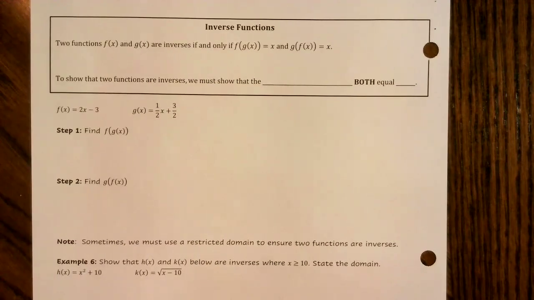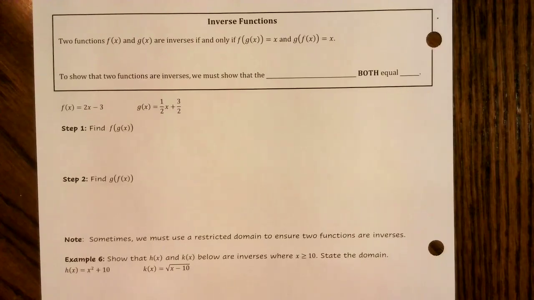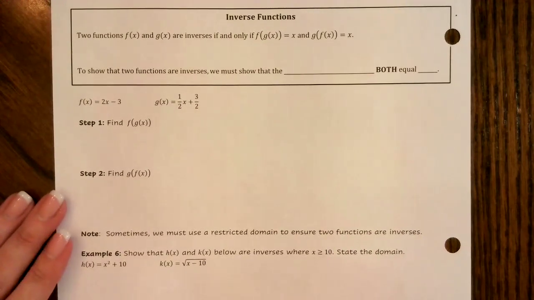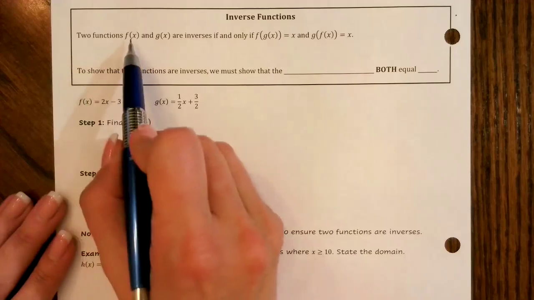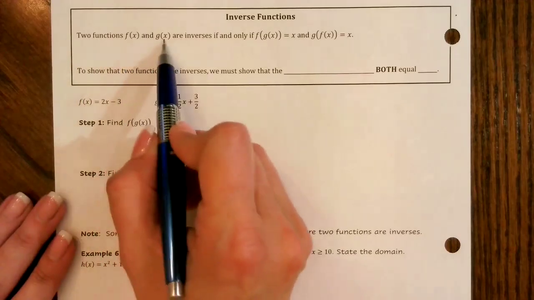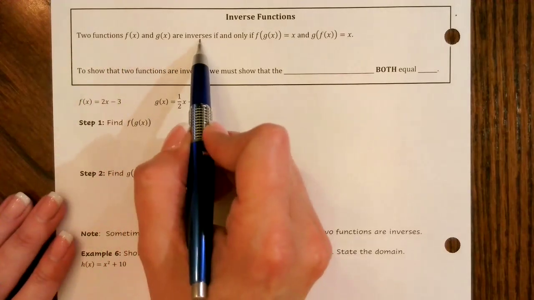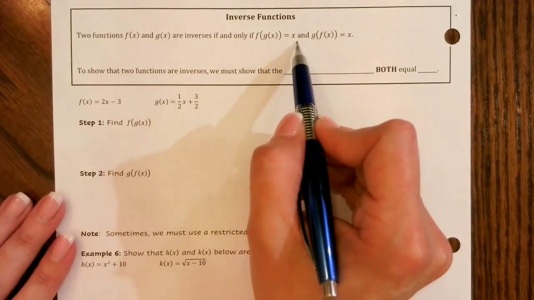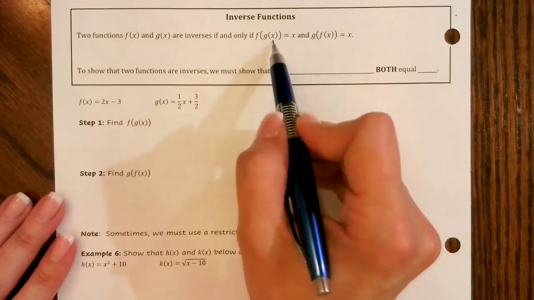All right, so to continue with these inverse functions, last time we learned about compositions. Well, part of the definition here with inverses is that two functions, f of x and g of x, if they are both inverses of each other, then if we did the composition of that, it would answer x. And that would be in both directions.